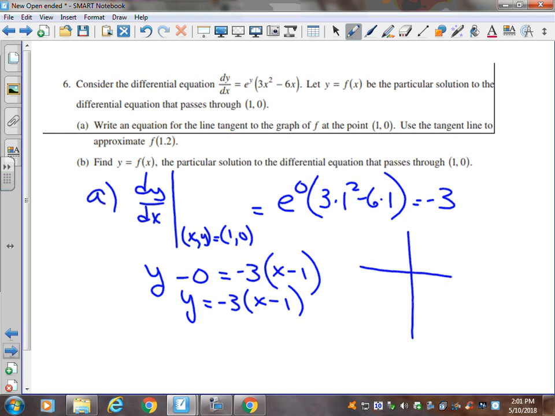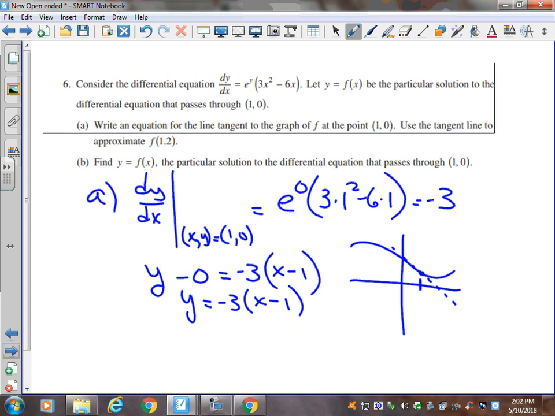Pretend for just a moment that this graph has been graphed, and we know over here, that's a belly graph. Let me try that again. That is not what I wanted. And over here at 1, we're looking at this tangent line. It's negative, right? Slope's negative. The problem is that that's the 1.2.